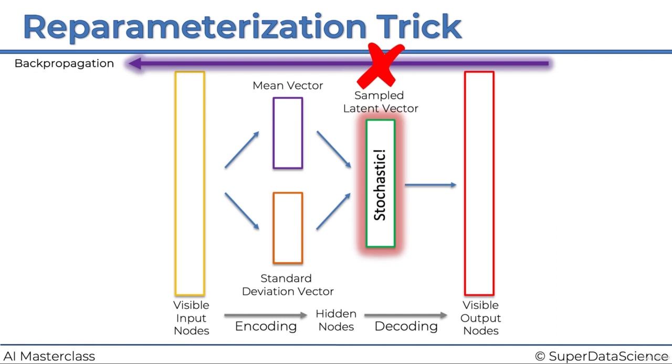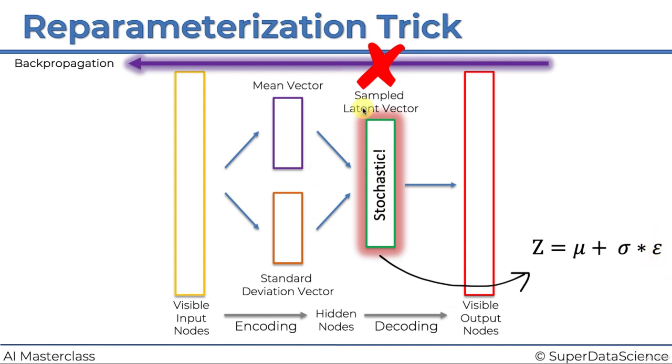Well, this is where the reparameterization trick comes in handy. What is suggested is quite a simple solution. What we're going to do is take this sampled latent vector and represent it in the following way. Z, our sampled latent vector, is actually going to be the combination of the mean vector, the mu, plus the standard deviation, the sigma, multiplied by epsilon, where epsilon is actually going to be the stochastic node.